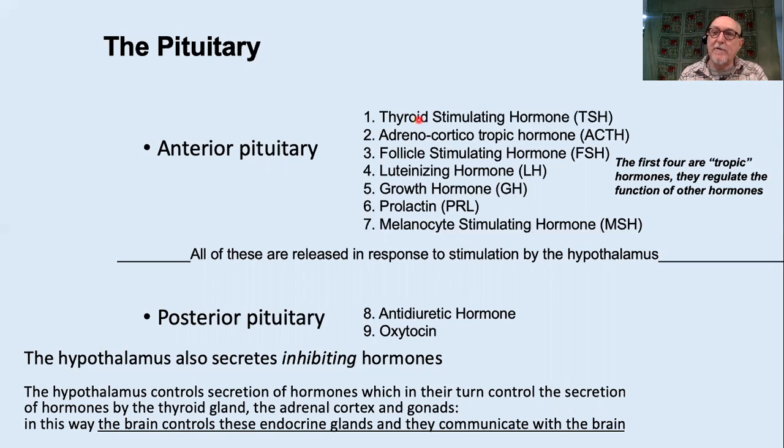And we saw that before, when in response to cold, we looked at that feedback mechanism whereby thyroid hormone ended up being released, and as it raised the body temperature, the release of thyroid stimulating hormone gets shut down by a negative feedback loop.